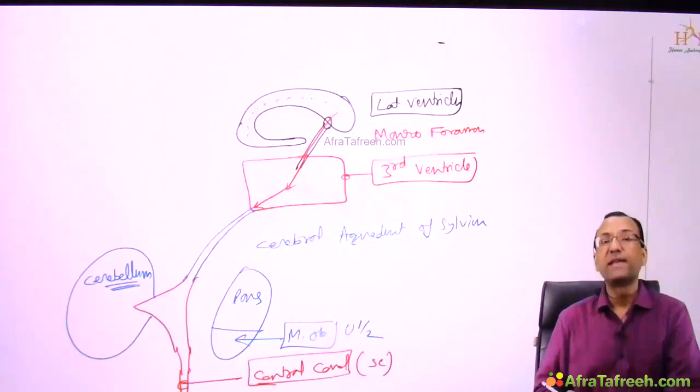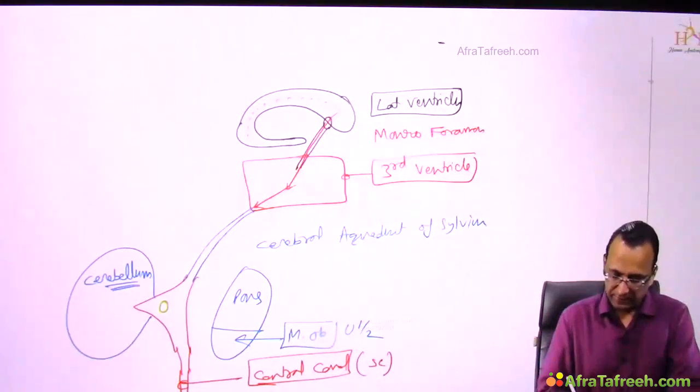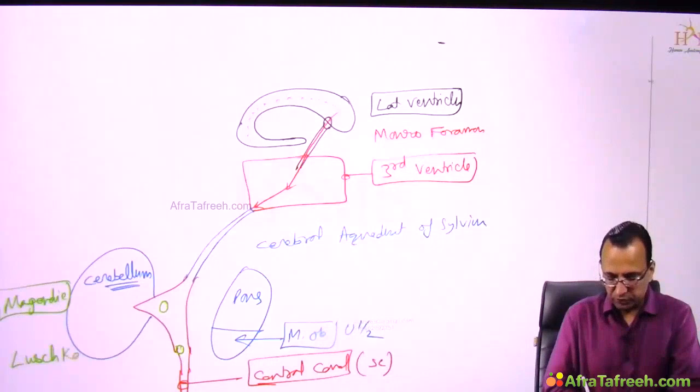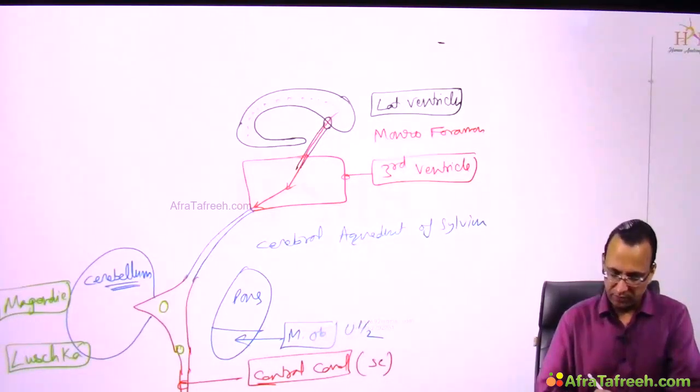But then some CSF can escape at the roof of the fourth ventricle, and as we have known, there can be an opening in the midline, called the Magendie foramen, or there can be lateral openings called the Luschka foramina. What are they for?